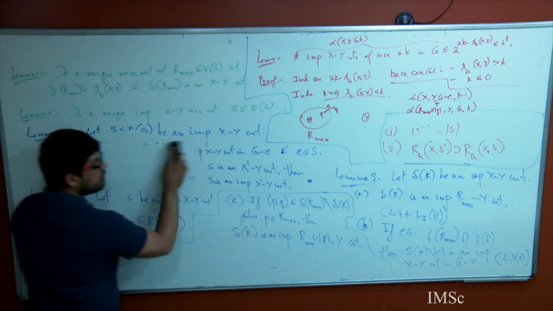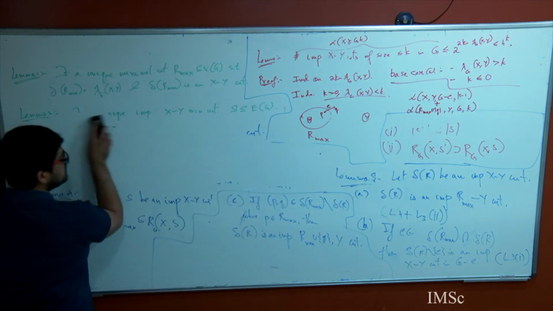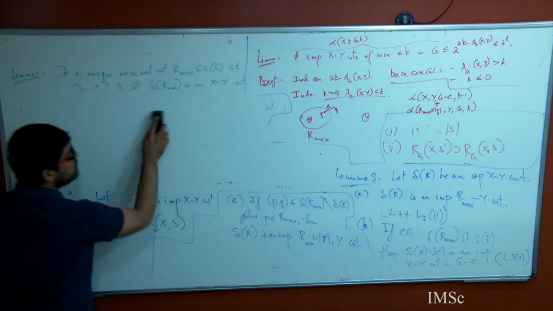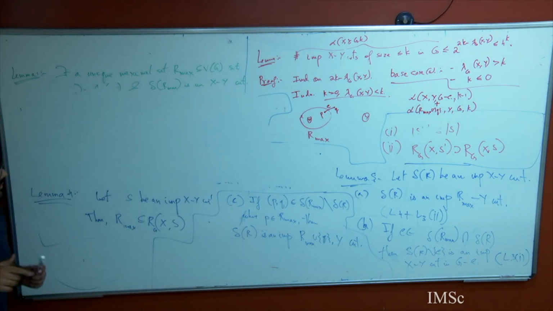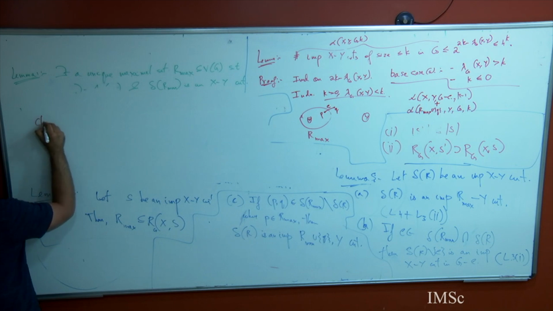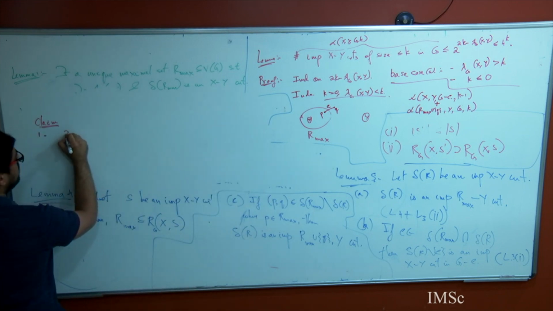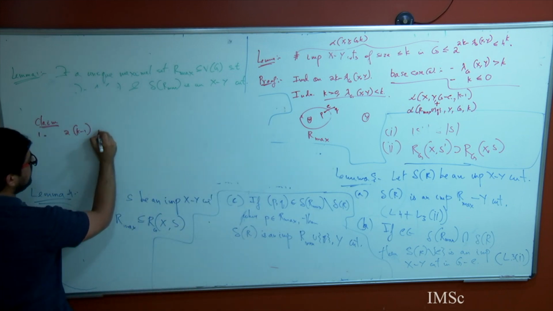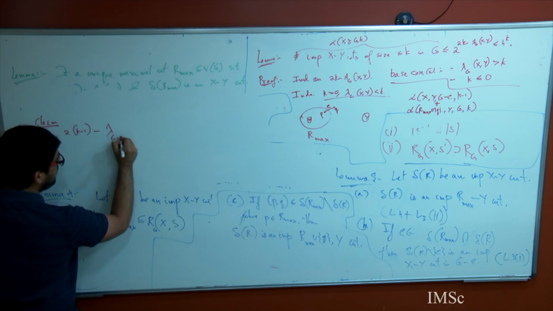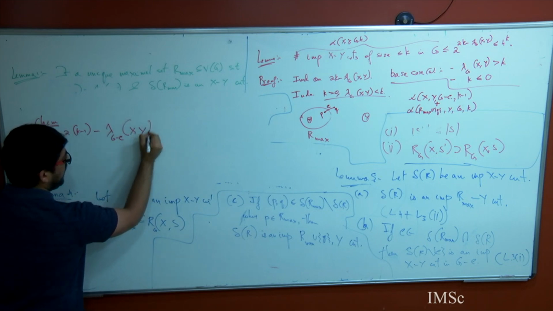So specifically, what do I want to prove? One, I want to say that twice k minus 1 minus lambda g minus e x comma y.